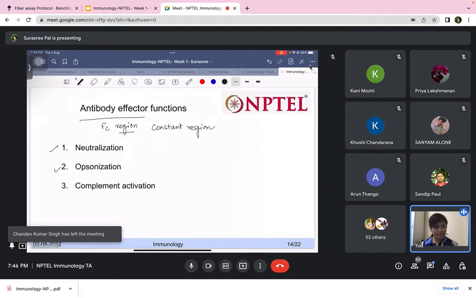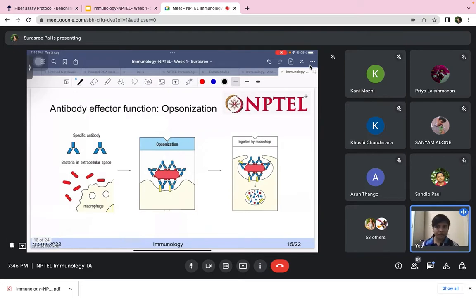Here I will go very briefly through one component of antibody effector function, which is opsonization. Suppose there are specific antibodies, and a bacteria has invaded our body and is in the extracellular space. These specific antibodies can recognize this bacteria, as there are specific epitopes on the bacterial surface.